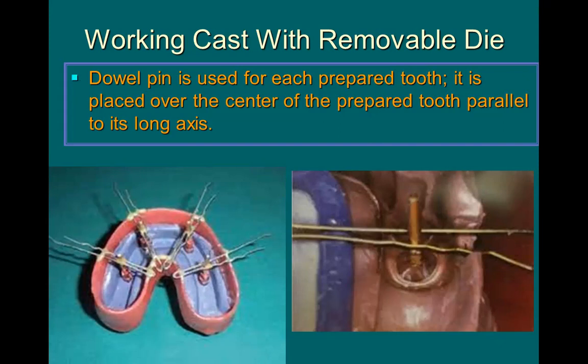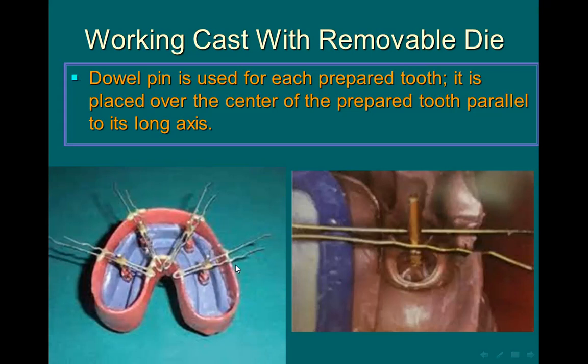You can see here in the right picture how we fix or adapt the dowel pin in the area of the impression where the prepared tooth is present. And in the left one, we have 4 dowel pins applied in the impression.